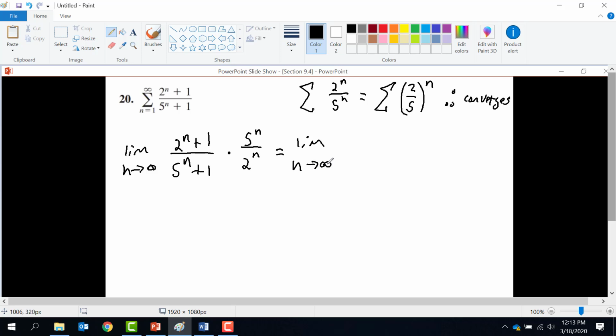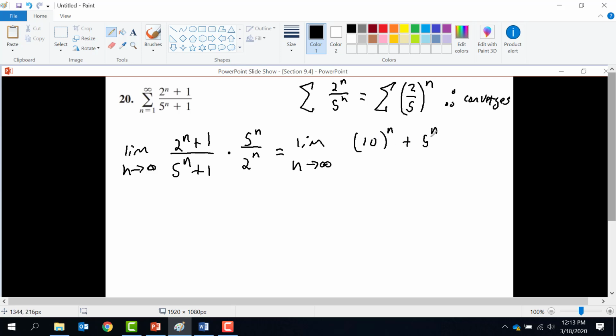Then this becomes the limit as n goes off to infinity of, we get a 5 to the n times a 2 to the n. We can rewrite that as 10 to the n because they have the same exponent. You can take out the exponent, leaving behind 2 times 5.